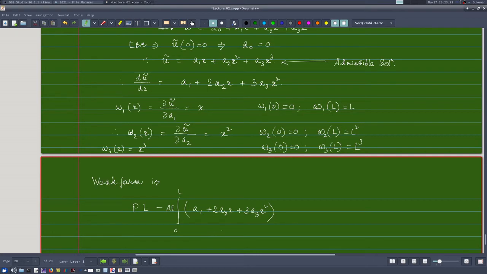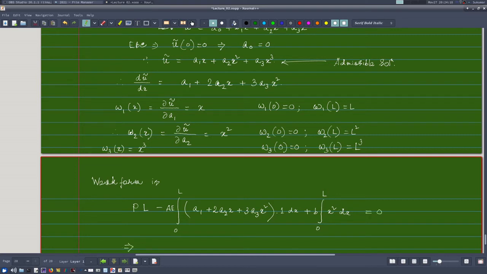So dw1 dx from here will be 1, so I'll put 1 into dx, plus integral 0 to L of b x square dx. b is a constant. And W1 at 0 is 0, of course.